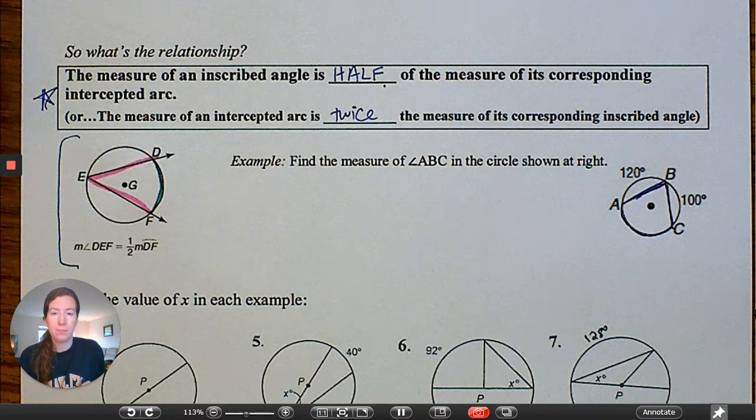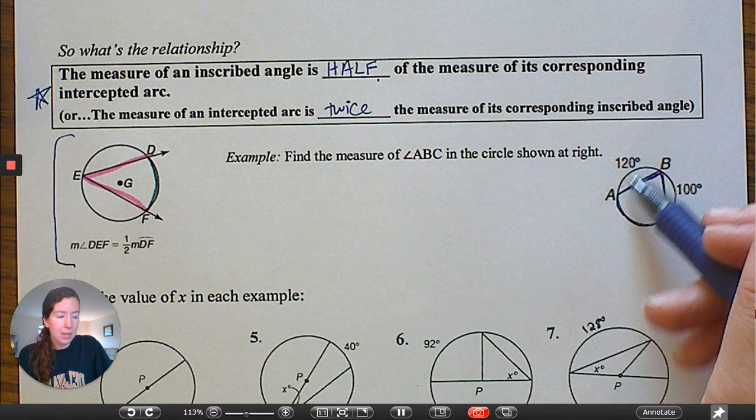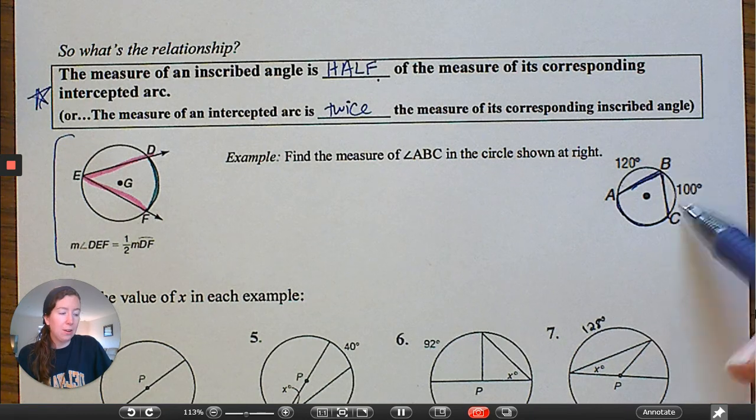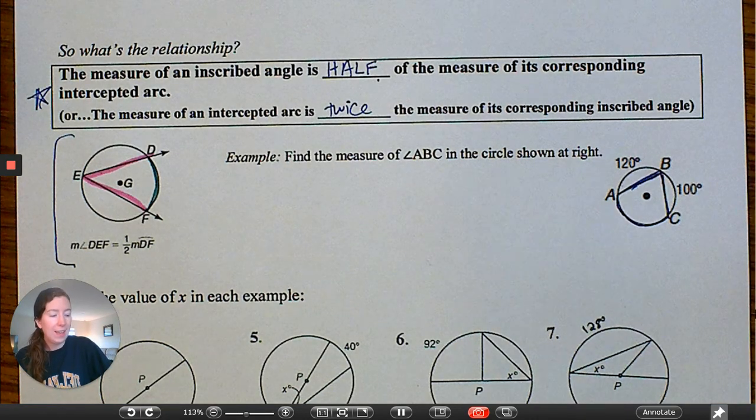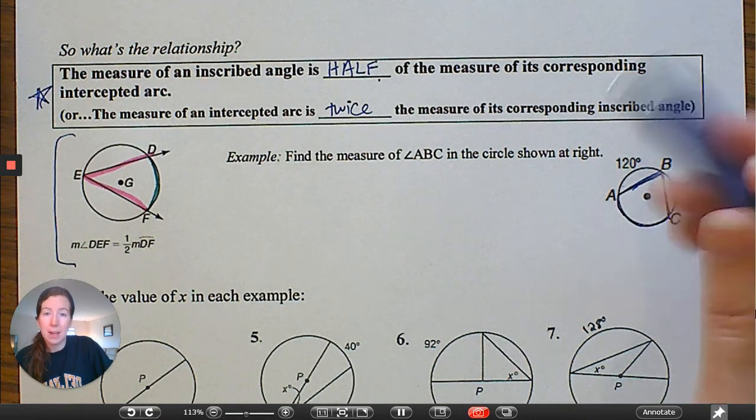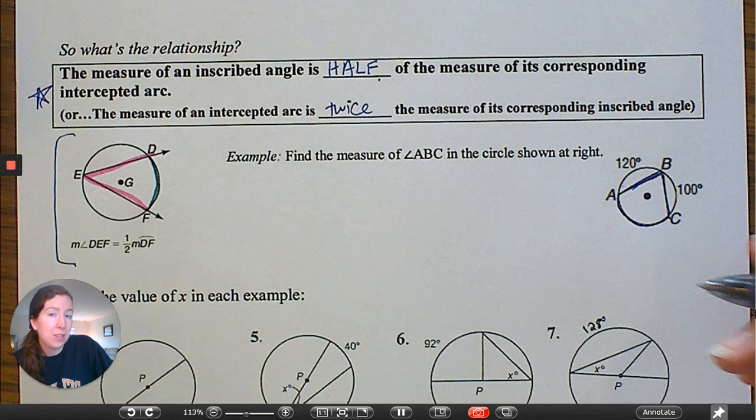Uh-oh. I don't know the measure of the intercepted arc. There's nothing printed on AC. It's blank. What am I going to do? Don't worry. We already know that arc AB is 120 and arc BC is 100. Arc AC is the only arc that's missing to make up the full circle. How many degrees are in a circle?